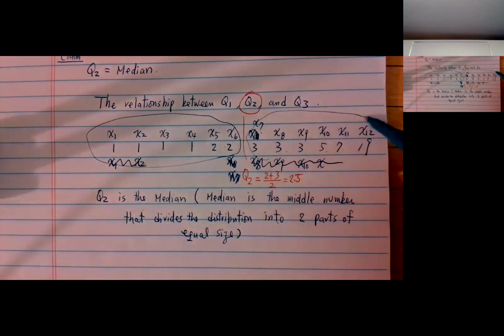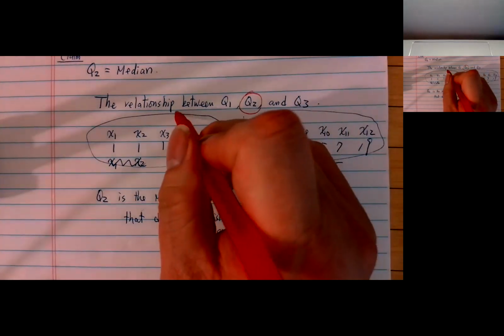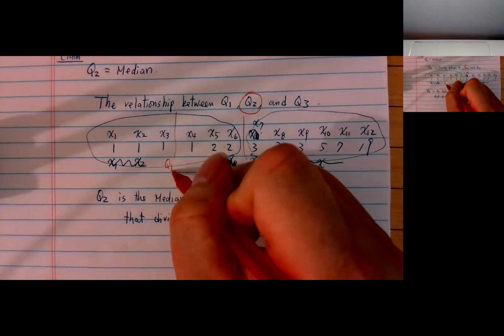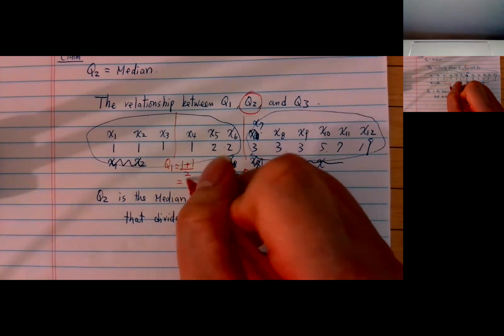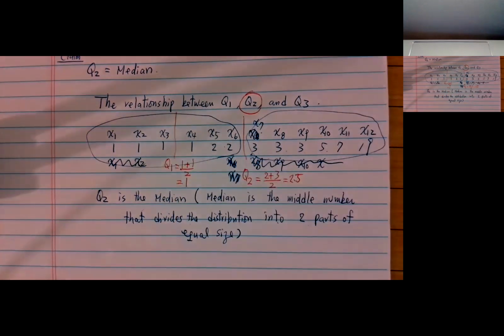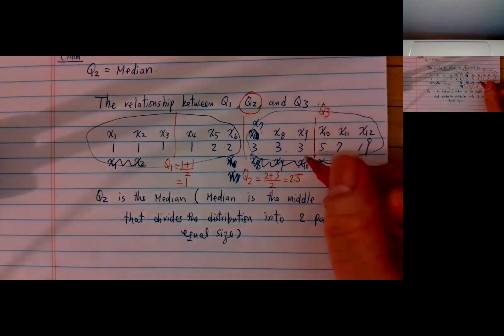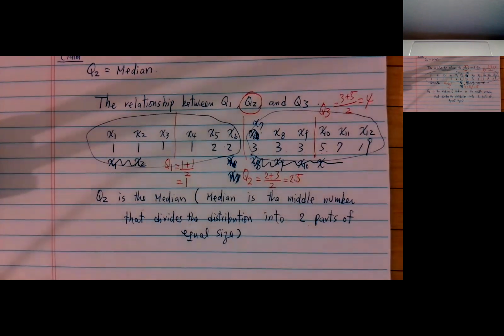This is the second half. And the middle number of the first half is called Q1. In this case, 1 plus 1 divided by 2 is 1. And what's Q3? The middle number of the second half. In this case, 3 plus 5 divided by 2, which is 4. So that's Q1, Q2, and Q3.